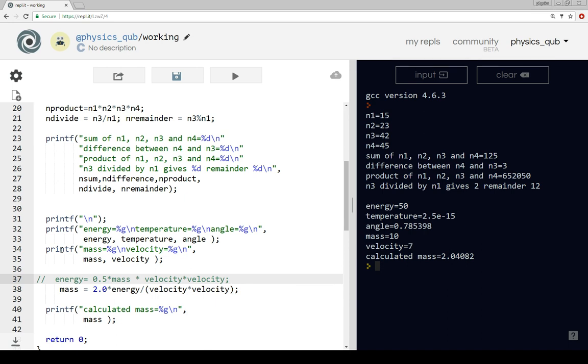Looking at this equation here, the energy is 50 and the velocity squared is 49, it's about 50, then we expect this bit in the middle to be 1. If that's a half, then mass is about 2. So this looks like the right answer coming out.